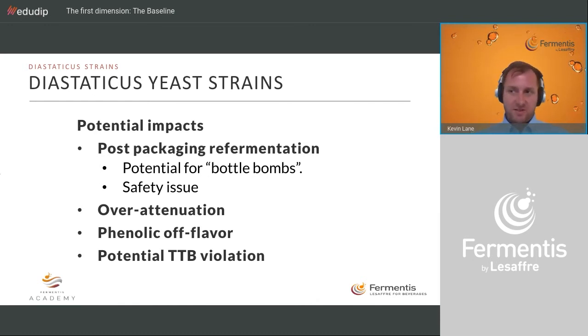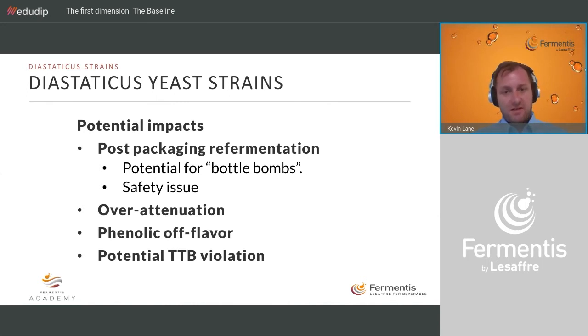If you have bottles or cans of beer around somewhere at ambient temperature, most likely the Diastaticus could continue to ferment if it is not done already. So remember, I said that there are commercial examples. As long as you give those commercial examples the appropriate time to ferment, you won't have problems in the packaging or over attenuation or any of those things, as long as you give it time to do what it's going to do.